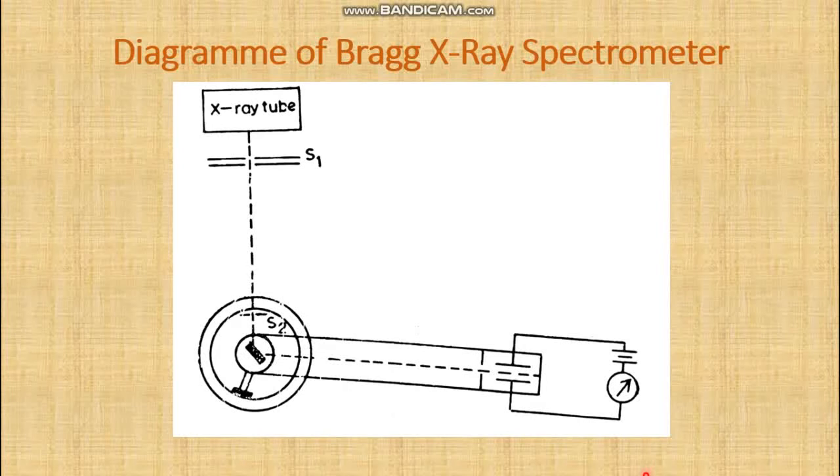He suggested that crystals can act as three-dimensional diffraction gratings to X-rays. Okay, and his idea was confirmed by means of experiment by two scientists, whose names are Friedrich and Knipping.